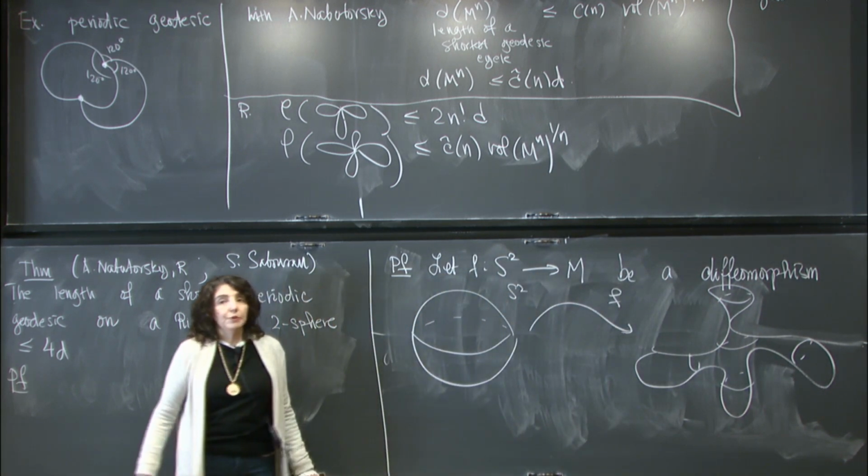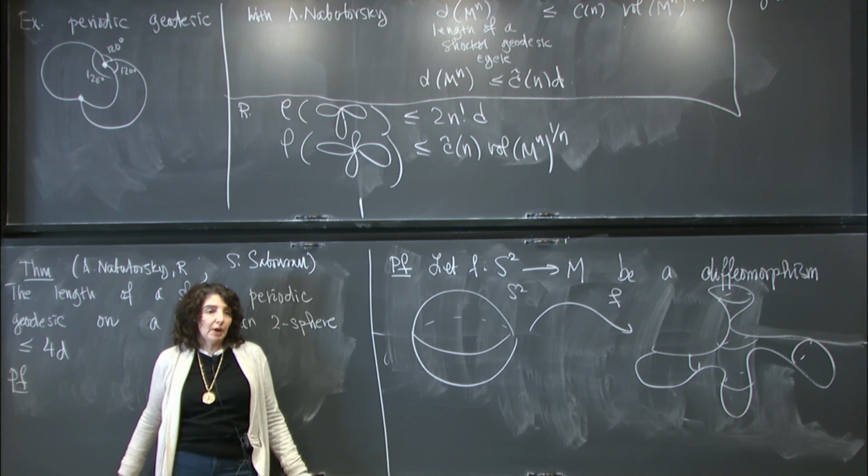So we have this diffeomorphism. I'm going to attempt to extend this map F to D3.